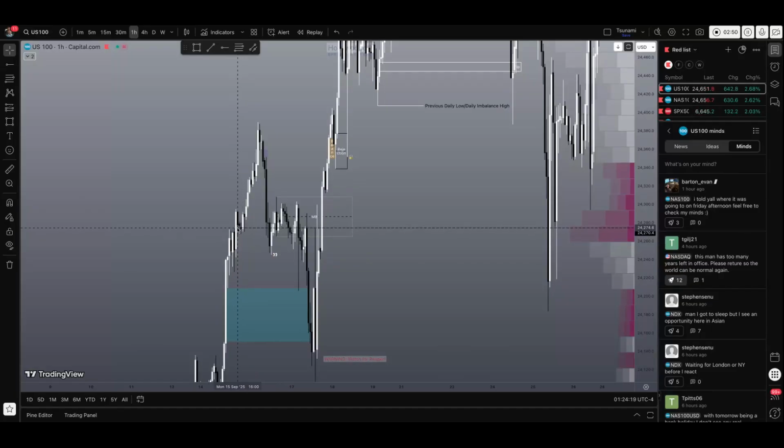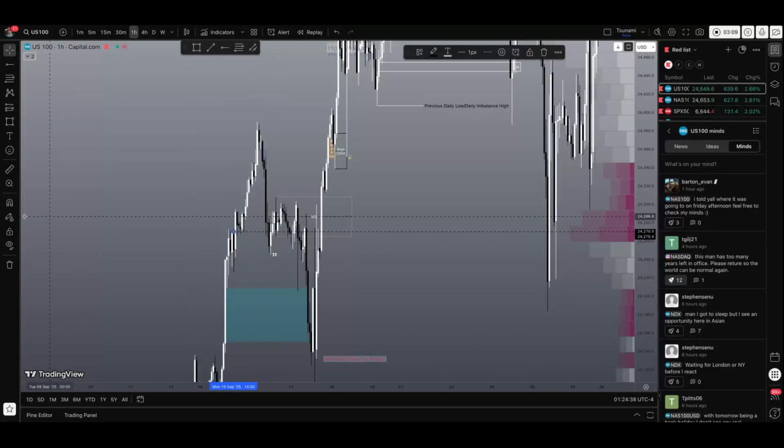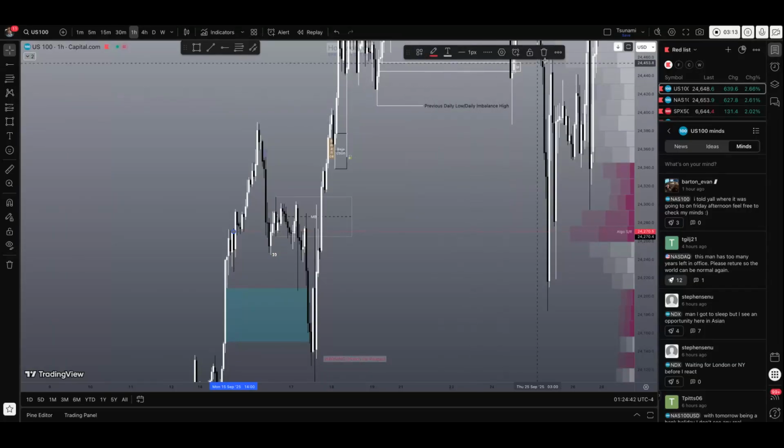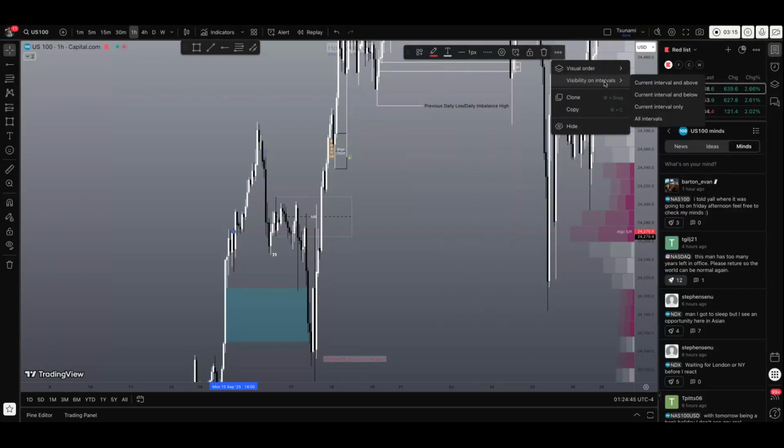So I'm gonna pull that right up in here. And what do you have here? Wow, isn't that interesting? Algo support and resistance.